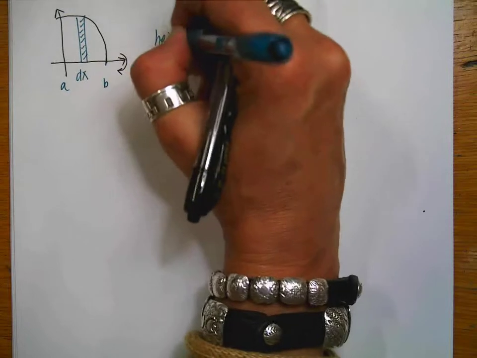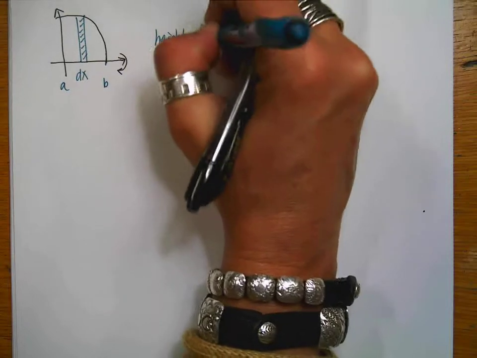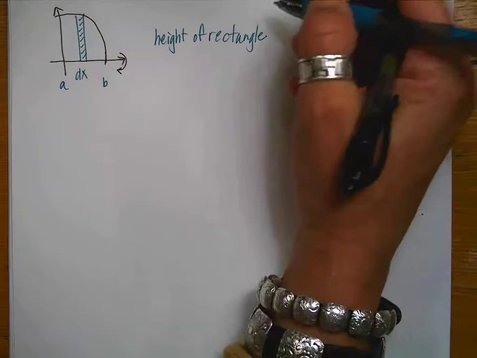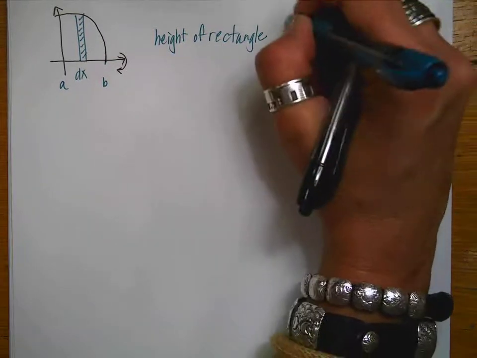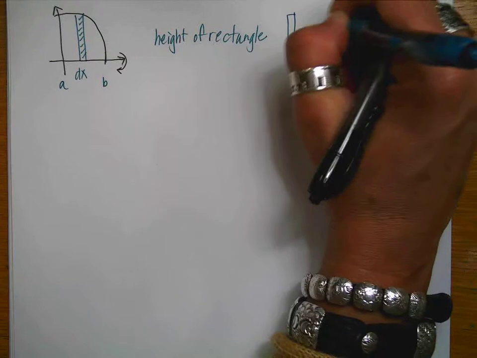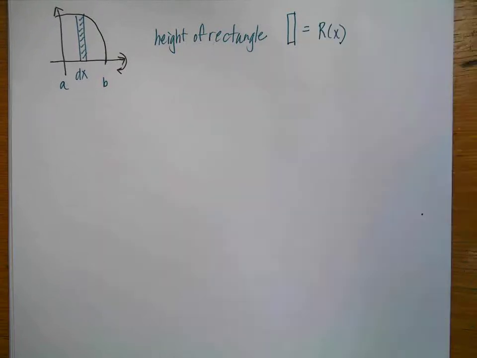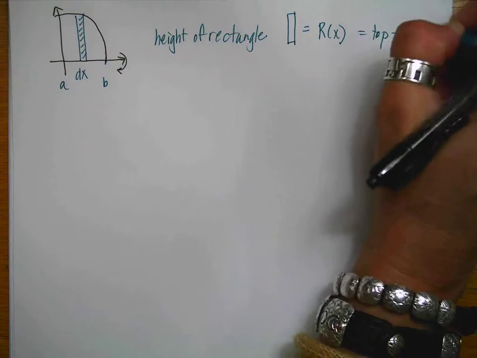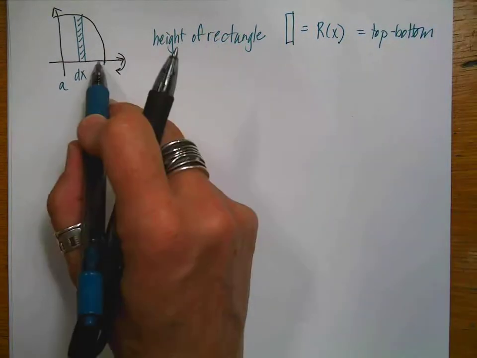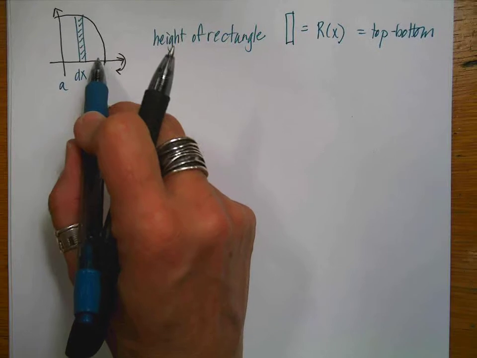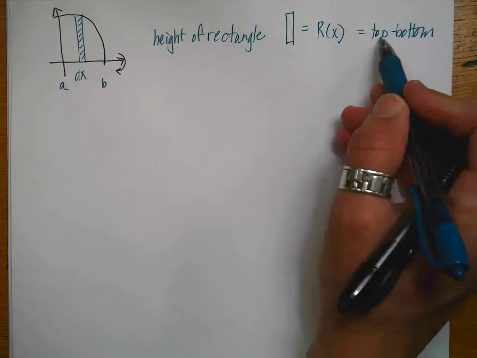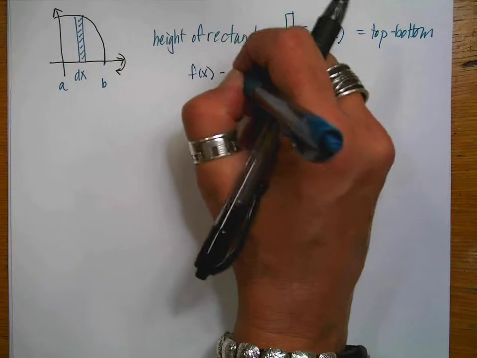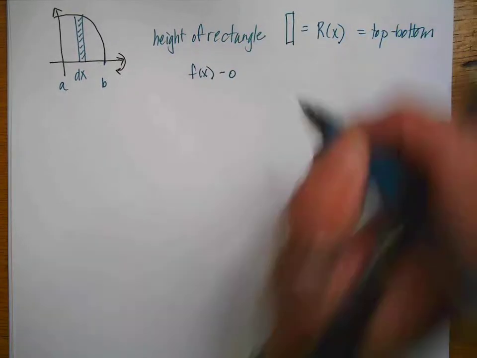So then the height of the rectangle, just like when we did the area between regions or between curves, the height of the rectangle, here's my little representative rectangle, is going to be capital R of x. And we're going to get that by top minus bottom. In this case, because I am revolving about the axis and my object is sitting on the axis, the top minus the bottom would be f of x minus 0 because that's the axis.